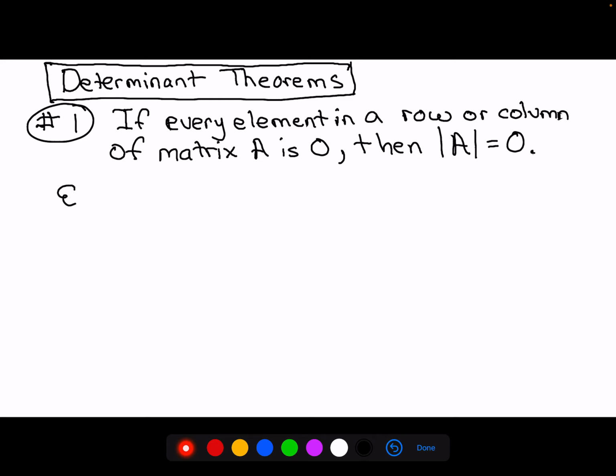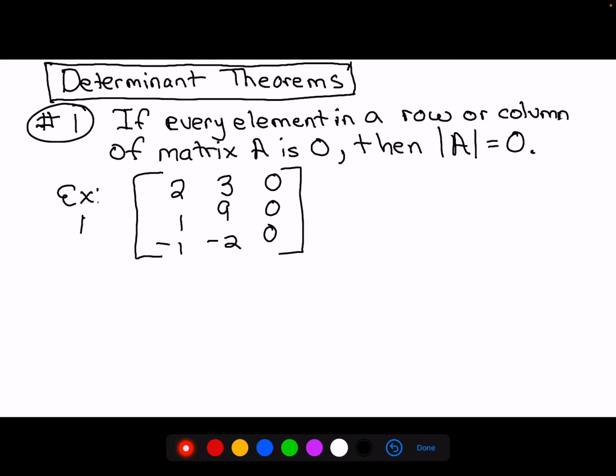For example, let's say you have the matrix with rows 2, 1, -1; 3, 9, -2; 0, 0, 0. Then if that's your matrix A, you know the determinant is 0 because of that lovely column there that's all zeros.